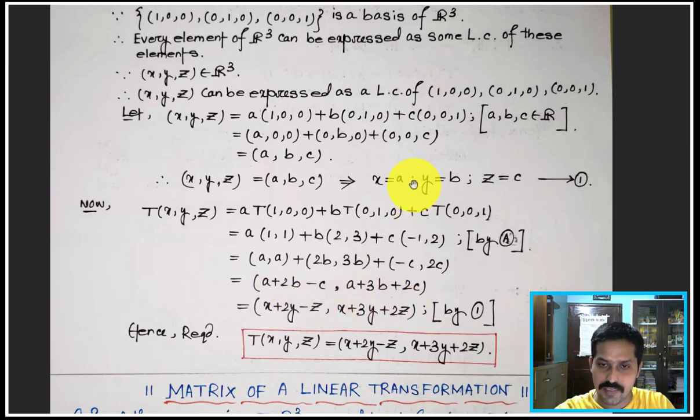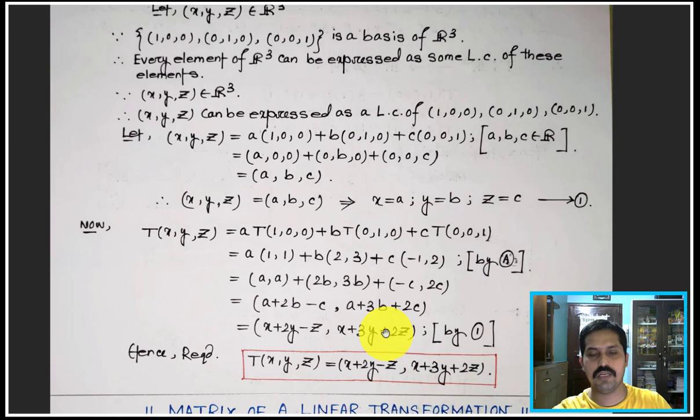Now A is x, B is y and C is z. Putting them in, we get (x + 2y - z, x + 3y + 2z). Hence the required linear transformation is T(x, y, z) = (x + 2y - z, x + 3y + 2z).